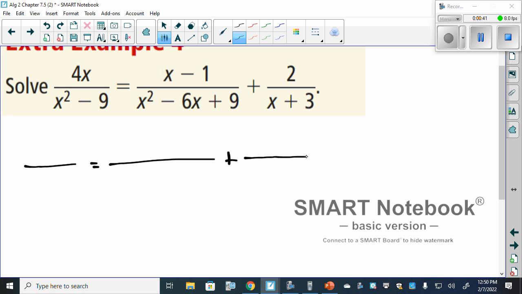Now, whenever we solve these, the first thing we need to do is factor any of the denominators that are factorable. So if we can factor the denominator, we need to do that. Looking at these three, the one that will not factor is the x plus 3, because it's already in simplest form: the degree is 1, and there's no greatest common factor between the two terms.